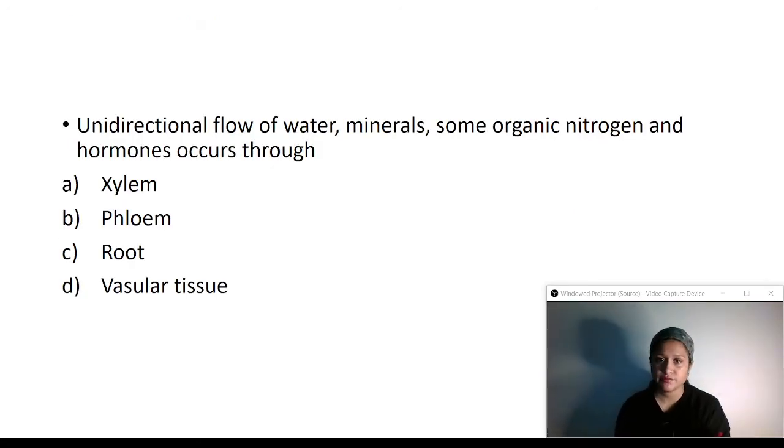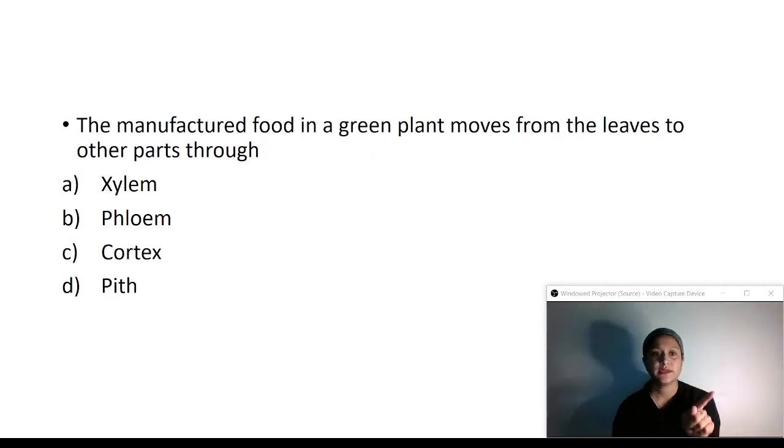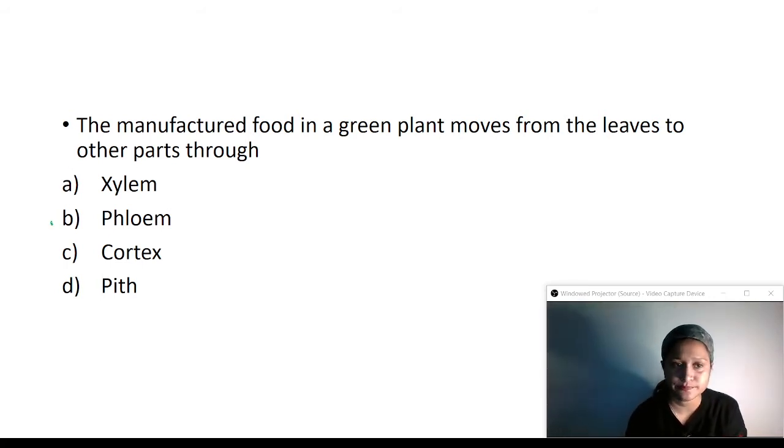Unidirectional flow of water, minerals, some organic nitrogen and hormones occurs through which tissue? Wherever unidirectional flow comes, you will definitely go with the xylem. The manufactured food in a green plant moves from the leaves to the other parts through which tissue? So food which is manufactured in the leaf is actually translocated through the phloem.